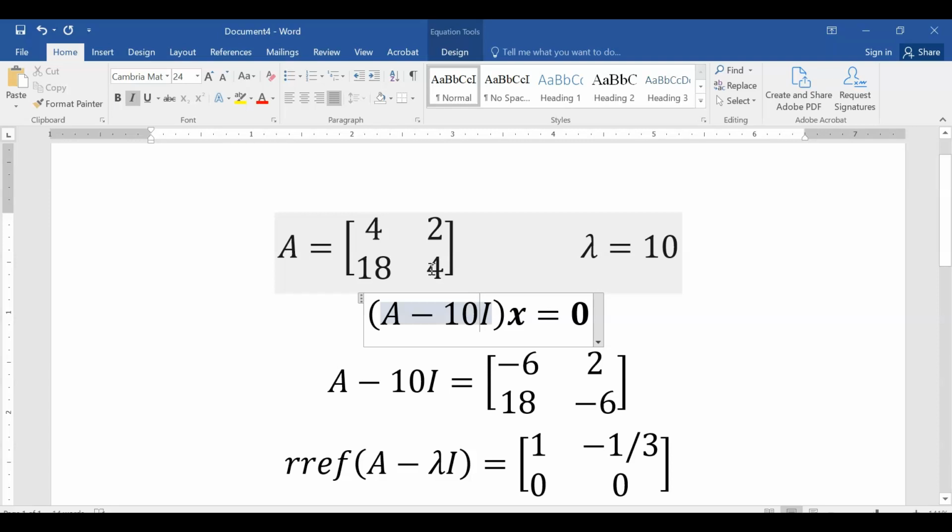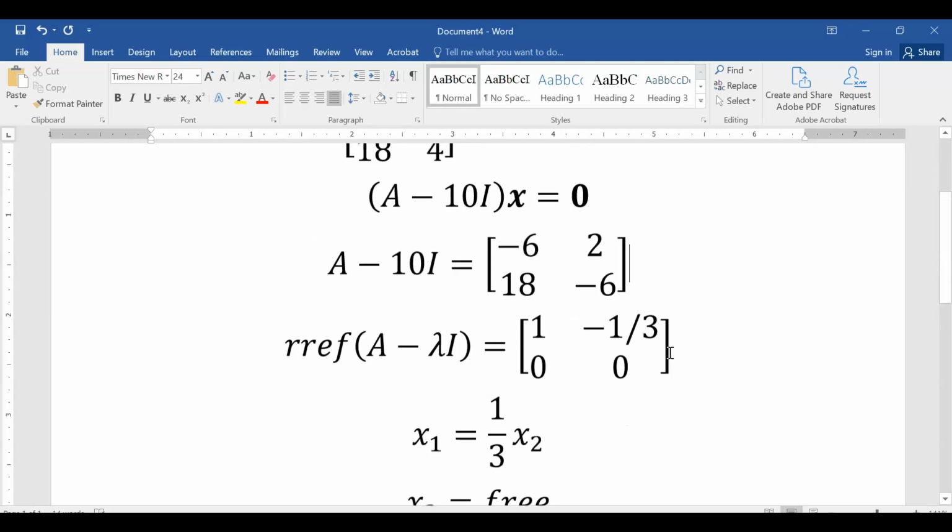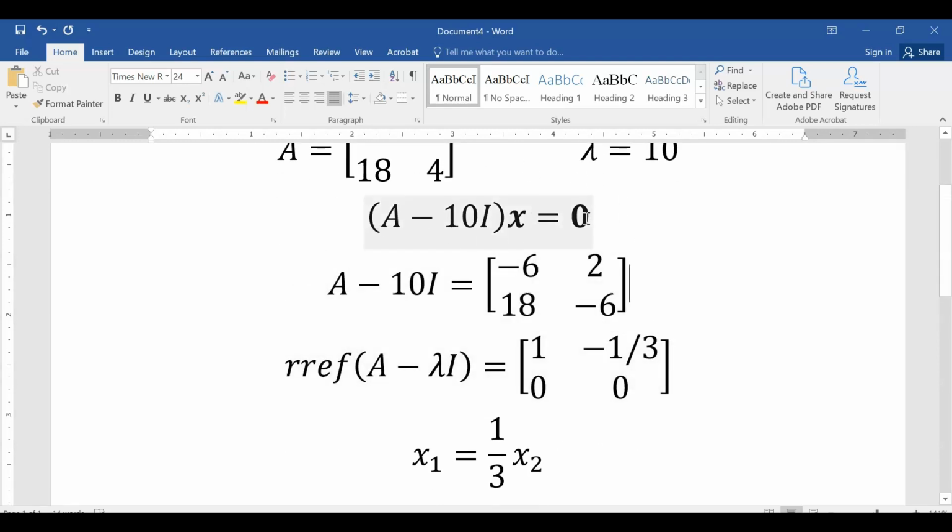Subtract 10 from the 2,2 spot. That'll give me a negative 6 there. So A minus 10 times the identity is negative 6, 2, 18, negative 6. When you row reduce that so that you can solve the homogeneous system, you get 1, negative a third, 0, 0.